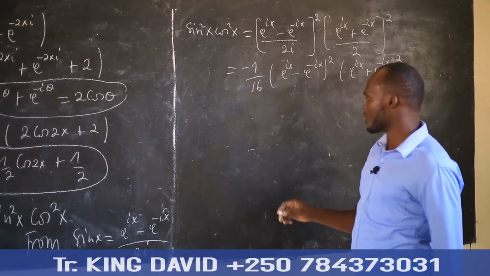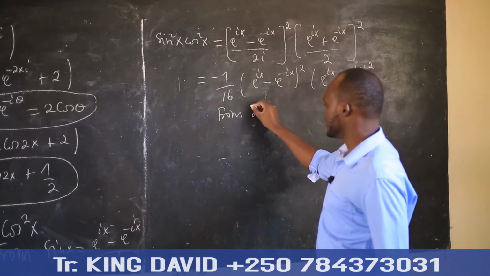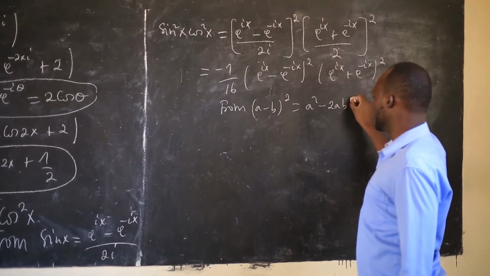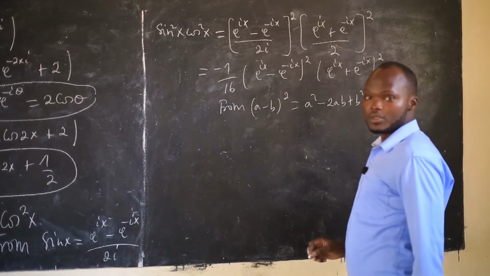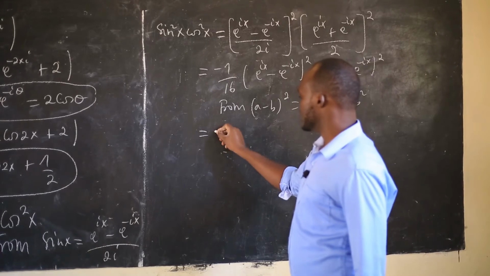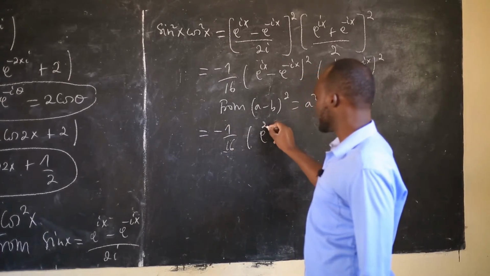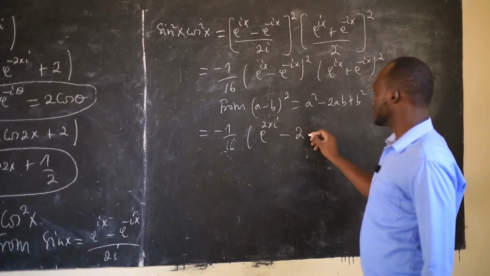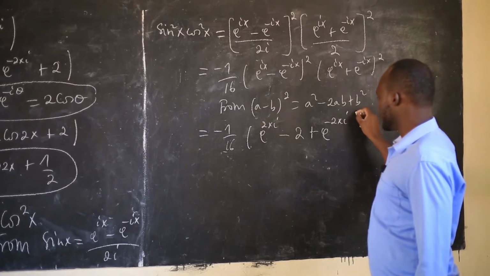Remember, when you have a minus b squared, the answer is a squared minus 2ab plus b squared. So that will be negative 1 over 16 into bracket e power 2xi minus 2, then plus e power negative 2xi.